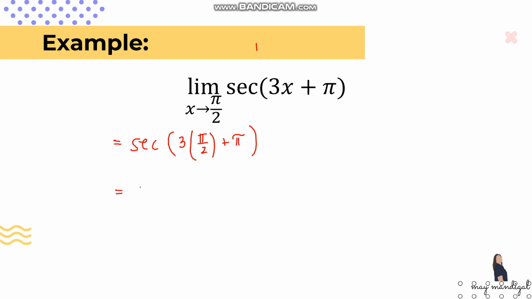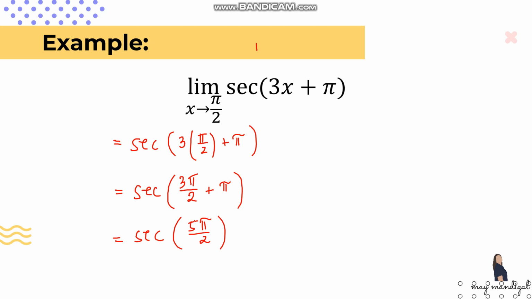Or this is just secant of 3 pi over 2 plus pi. So let's simplify this. So you add 3 pi over 2 and pi. So that will give us 5 pi over 2.